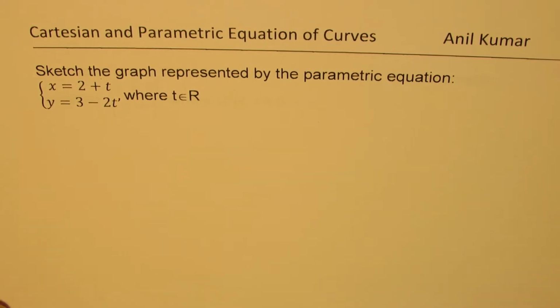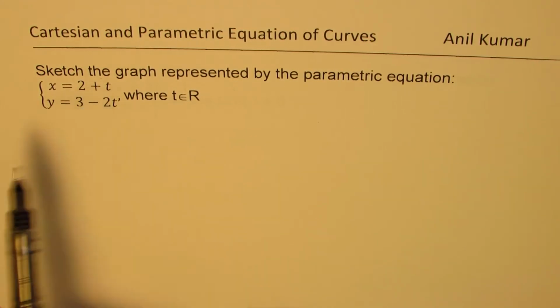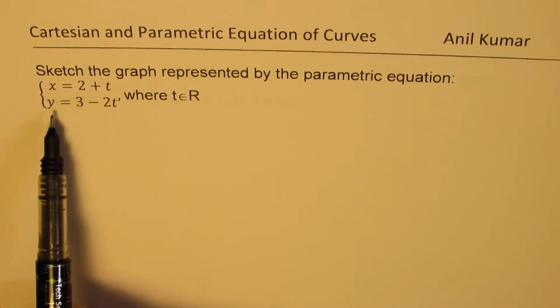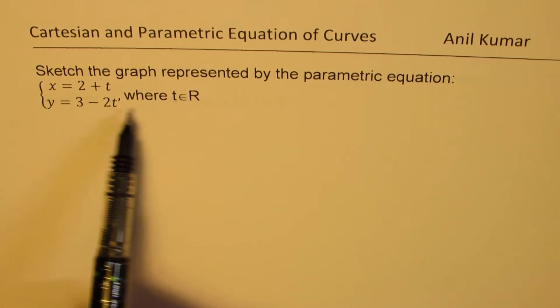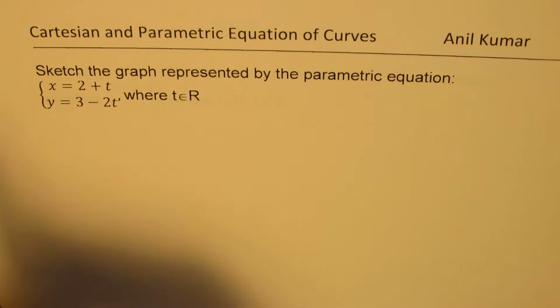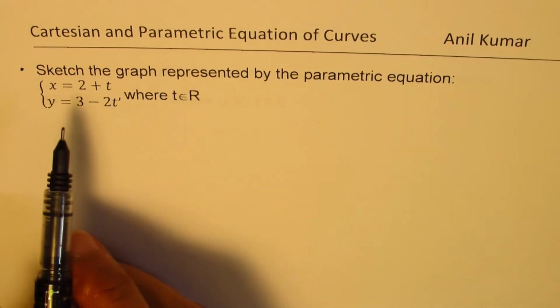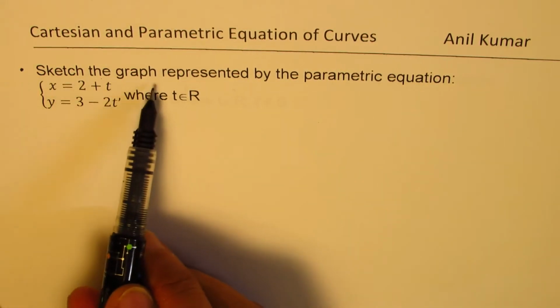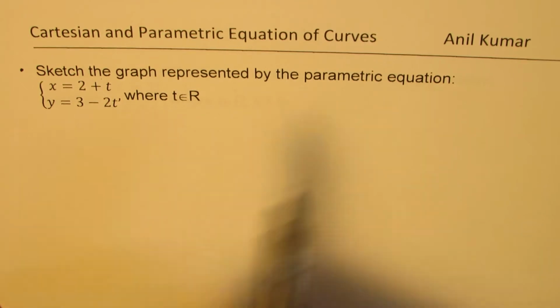So the very first equation which we want to work with is x equals 2 plus t and y equals 3 minus 2t, where t belongs to real numbers. What we are going to do with this is sketch the graph represented by the parametric equation.